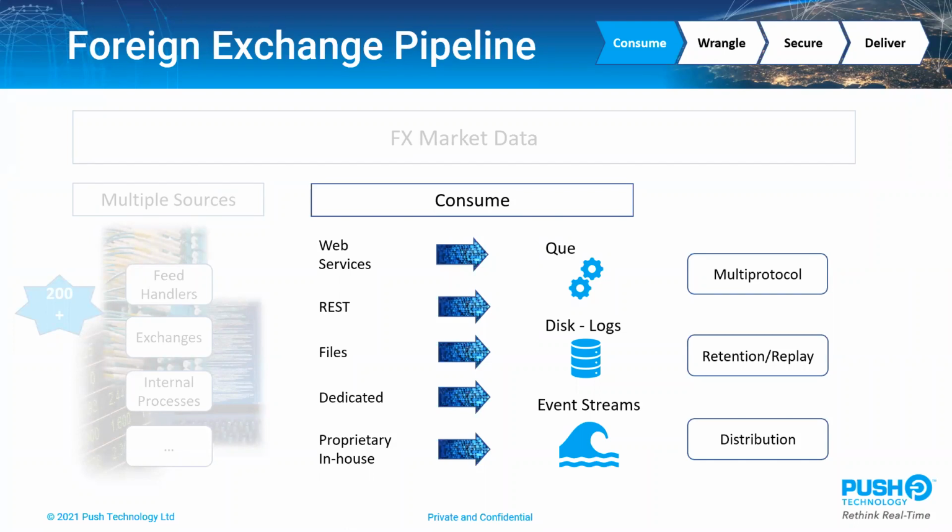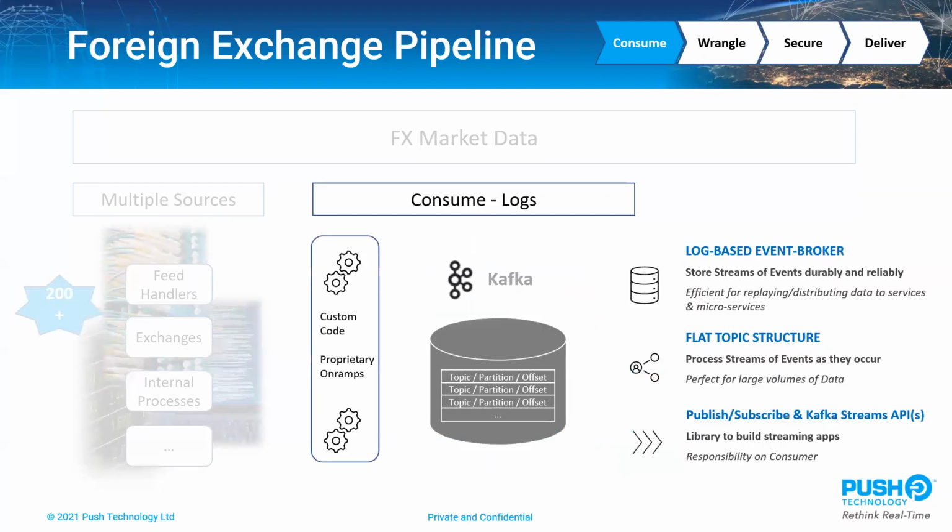And so we look at primary features such as multi-protocol, being able to support maybe MQTT or other technologies, HTTP, web services, etc., retention and replay, for non-repudiation, auditing, logging capabilities, and then on the distribution side, very efficiently distributing large volumes of data at scale to a large number of concurrently connected users.